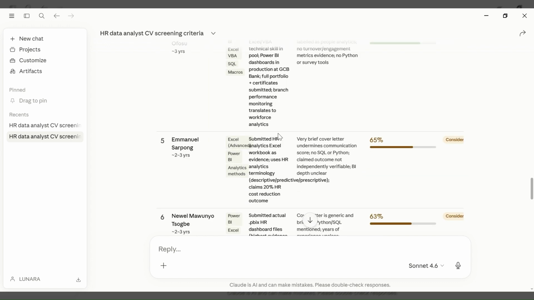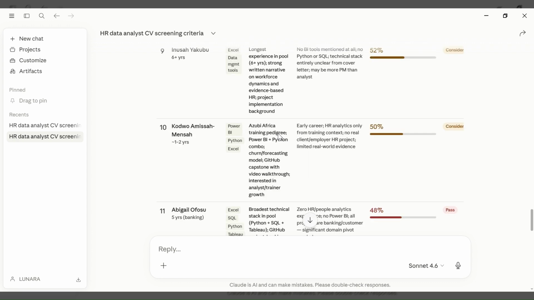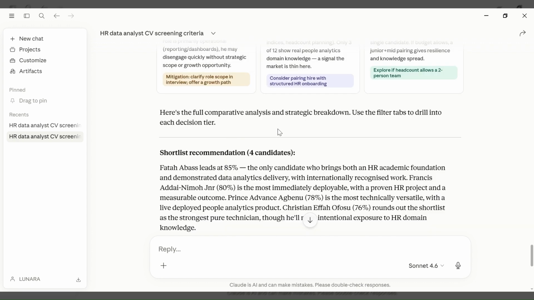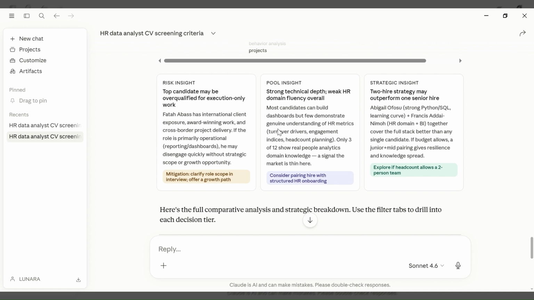Then we gave Claude this prompt that it should look at the risk that is associated with hiring the top candidates, and it was able to tell us what we should do if we should hire that candidate as well. Then after reviewing the CVs, the AI tool was able to determine the level of understanding of the job applicants concerning the role.